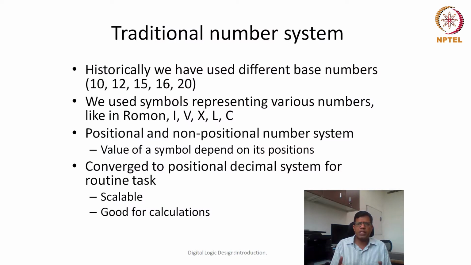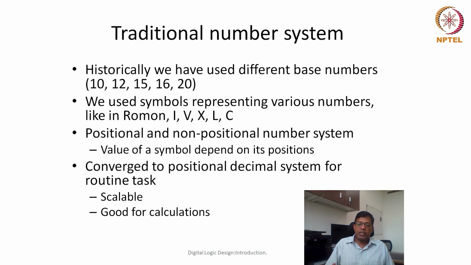Now, as people invented languages, they also found the need to count numbers, to count the number of people, the number of objects, etc. So they invented their own number systems. And if we observe many of these number systems, most of them were based on some sort of a base system, or in the Indian system we have typically based things on base 10.